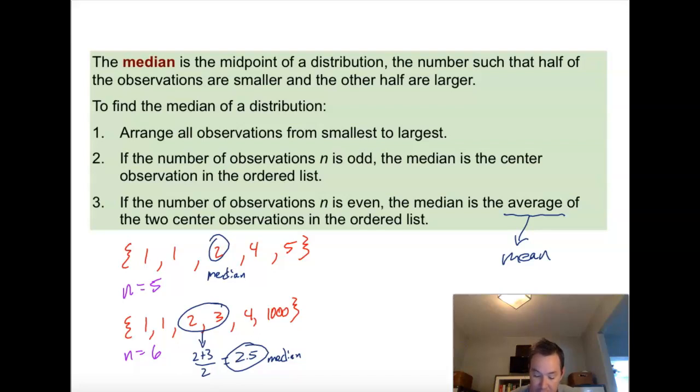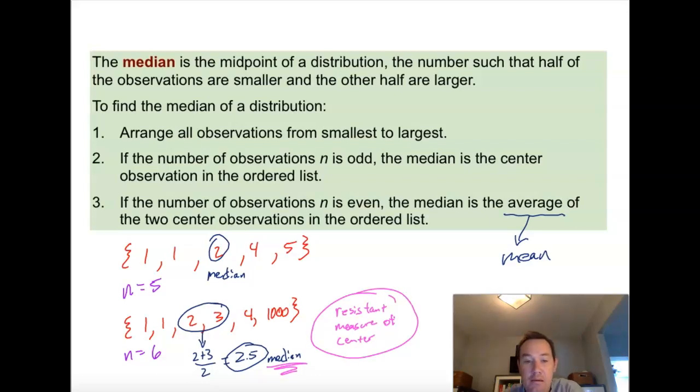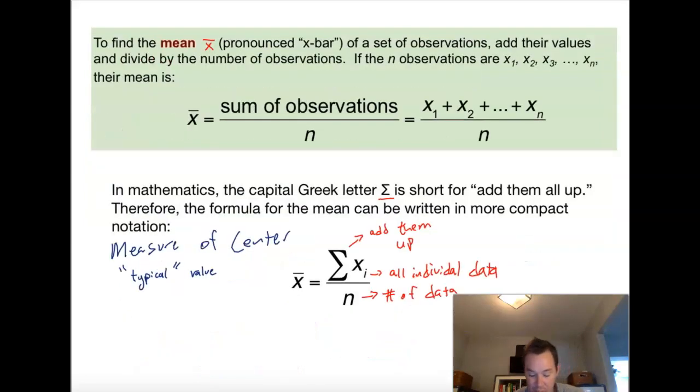And so in this case, the median is what we call a resistant measure of center. Okay? It's resistant to extreme observations. Let's look at the mean. I'll do a little off-the-cuff example here.